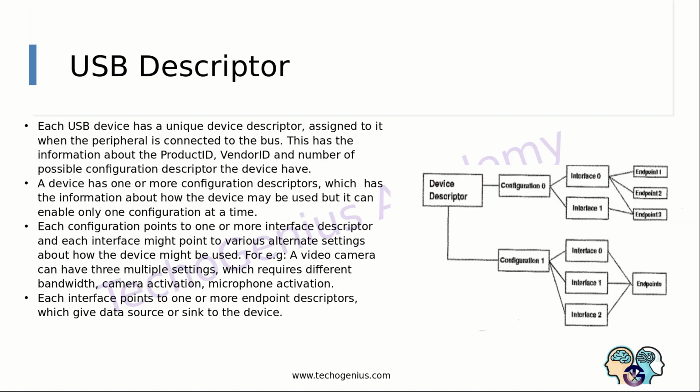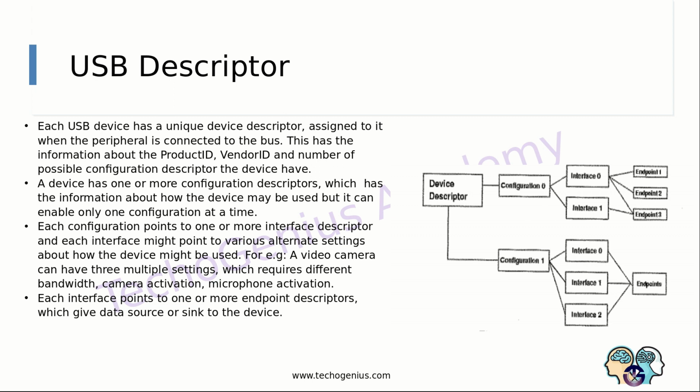So the device descriptor will have this ID and the number of possible configuration descriptors the device has. How many configuration descriptors there can be is decided by the device descriptor.